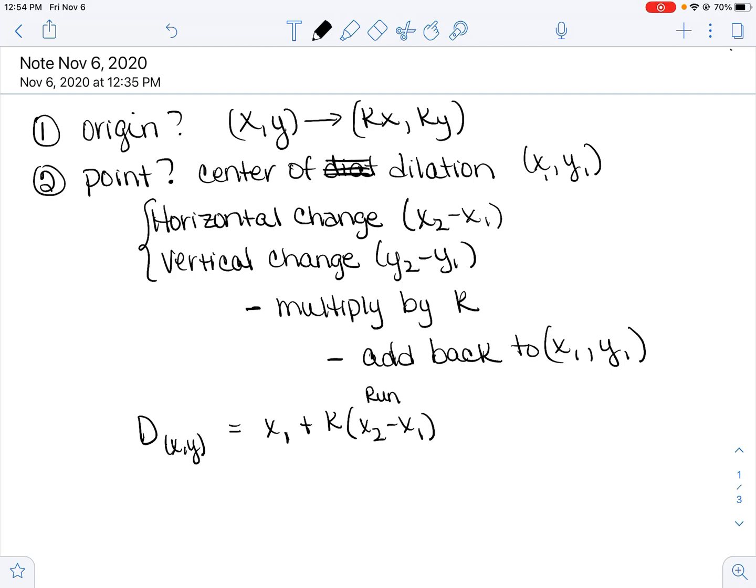That will give you your new x coordinate. For y, you would take your y1 plus your k times y2 minus y1, also known as your rise. And that will give you the new coordinate. All right, so let's take a look. We're going to do it both ways, and then we're going to use that formula.